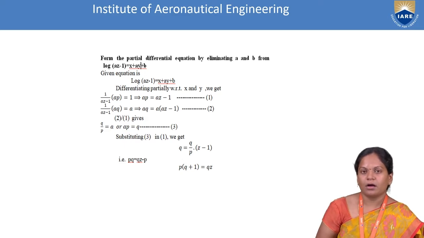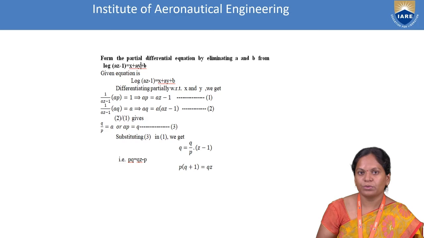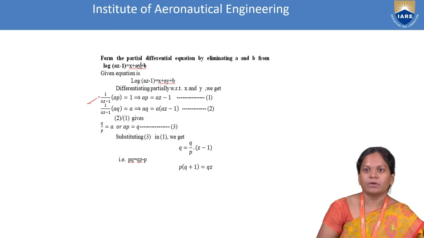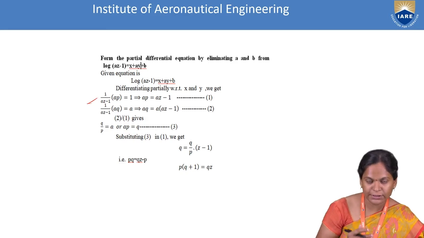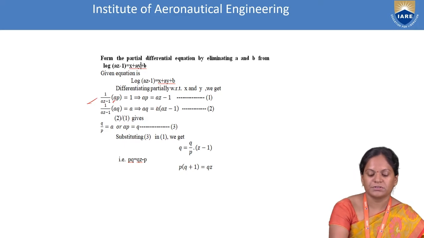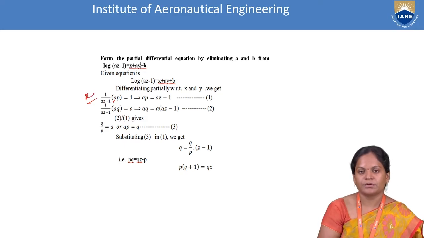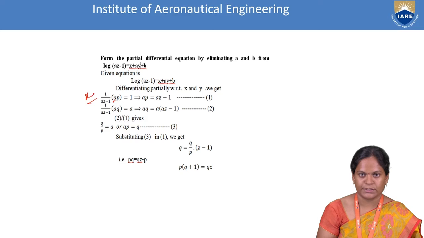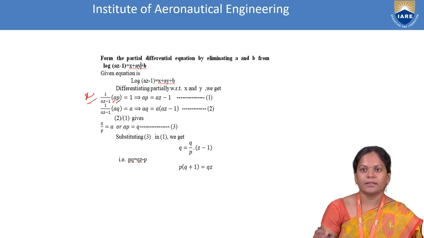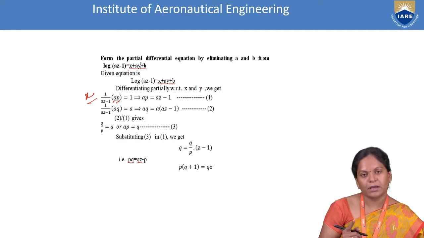We already know the logarithm derivative is 1 by z. So here 1 by (az minus 1) equal to, and here also we have to take z differentiation. a is a constant, and here we have to take differentiation with respect to x. So z becomes dou z by dou x. Already we know dou z by dou x is p. And on the RHS, x becomes 1.